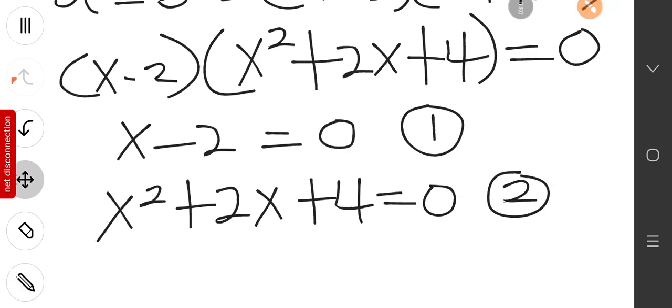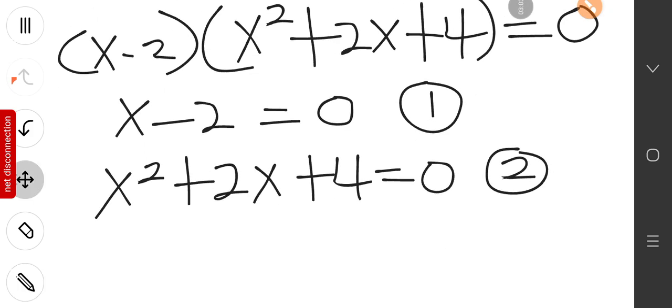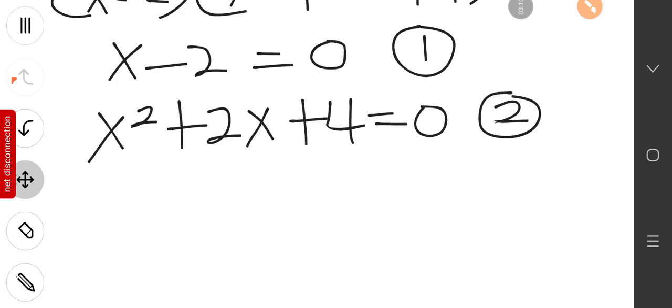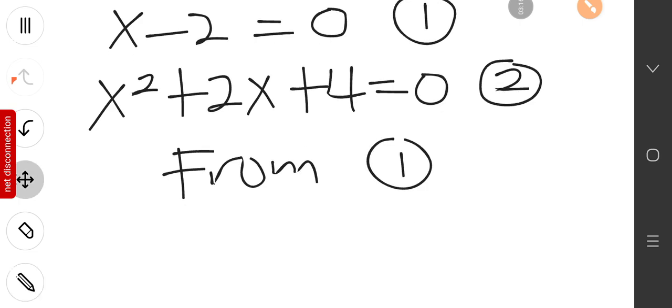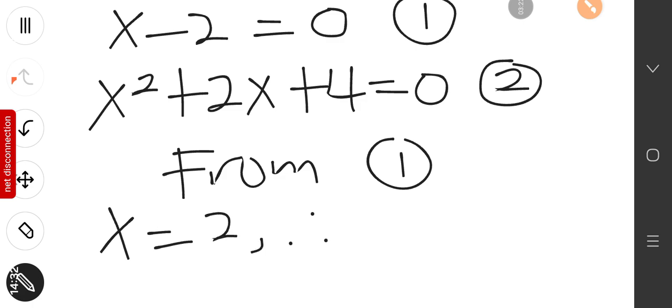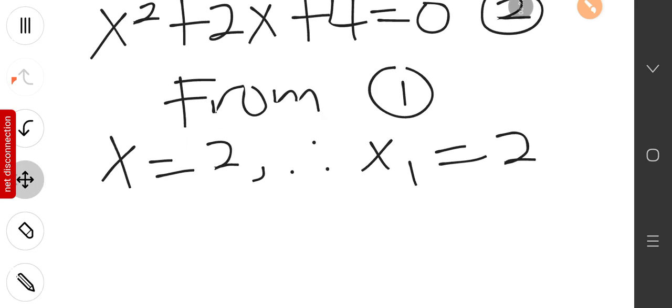You can see in equation 1 we have a linear equation, and in equation 2 we have a quadratic equation. From equation 1 we can see that x is equal to 2. Therefore, x1 equals 2.